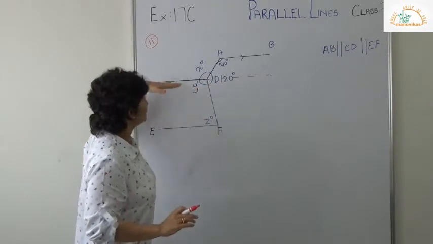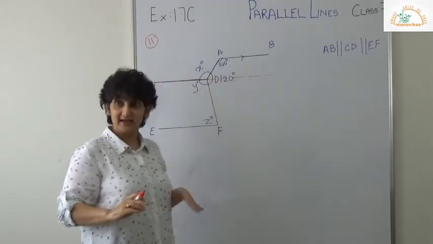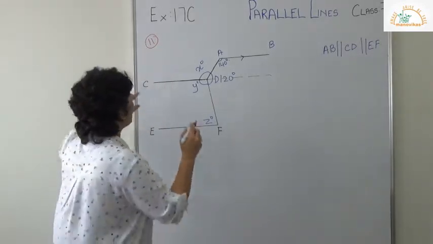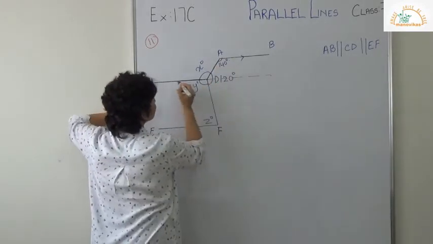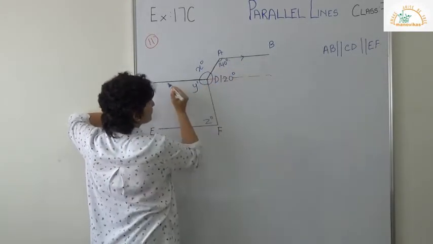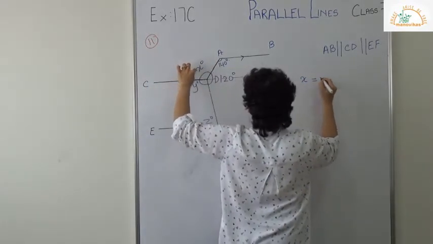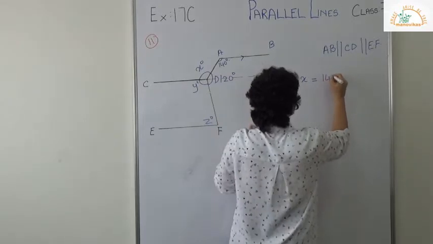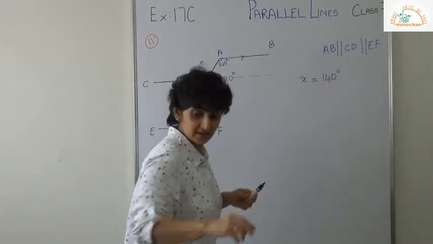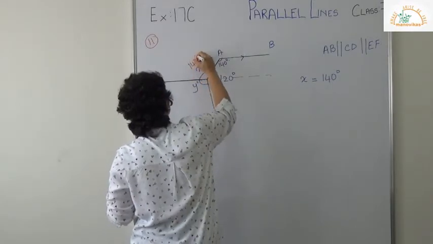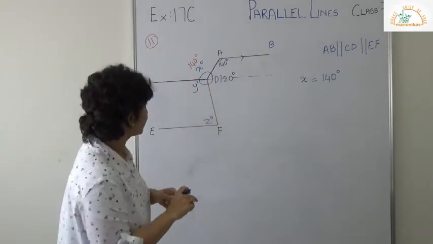So this gives me a straight line. Alright, now if you see this, I get a Z shape, the mirror image Z shape. So I know my x is equal to 140 degrees, right? X is equal to 140 degrees. That is one.